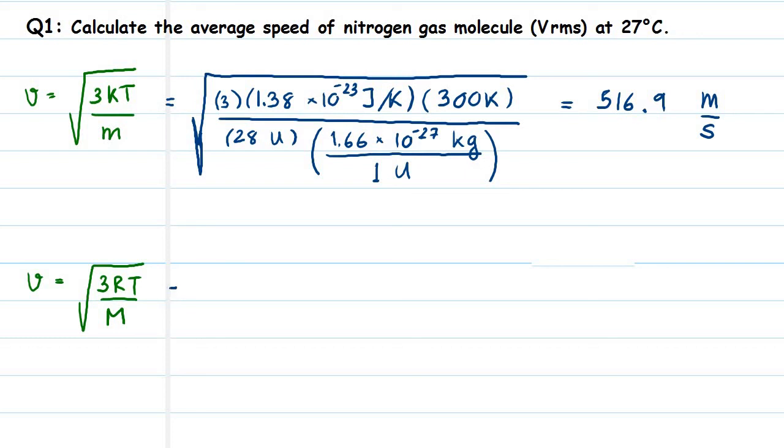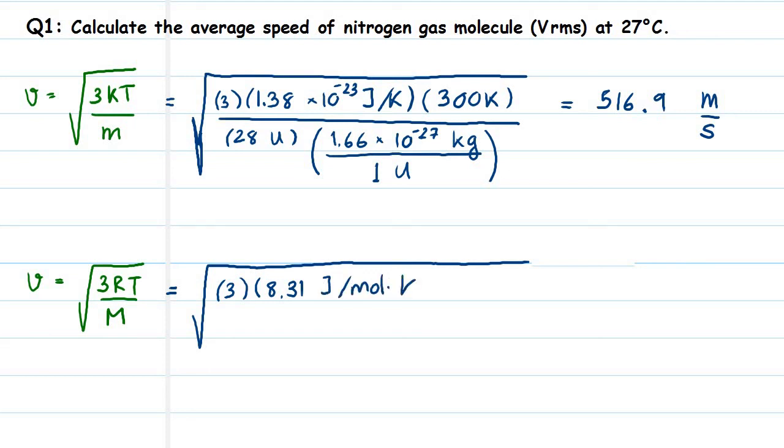And how about the second formula? Here we can plug in 3, and R is going to be 8.31 joule per mole Kelvin, and the temperature is 300 Kelvin.